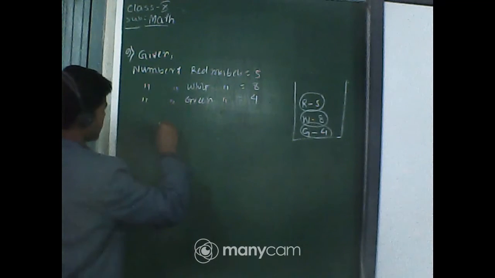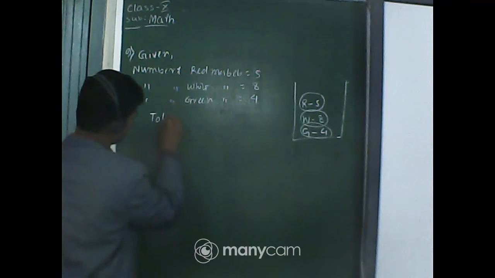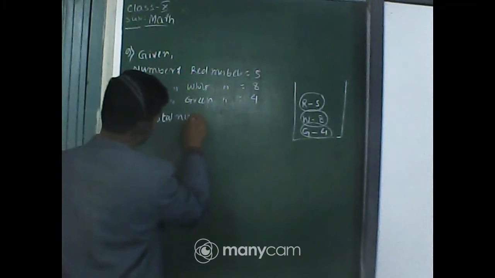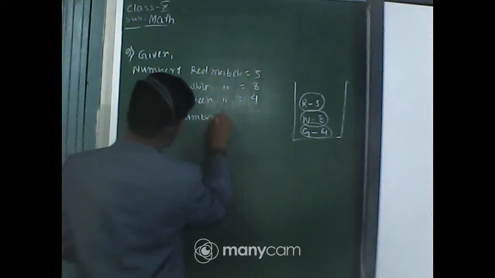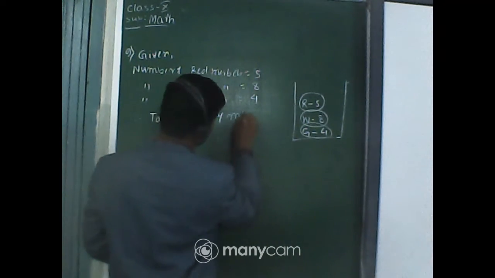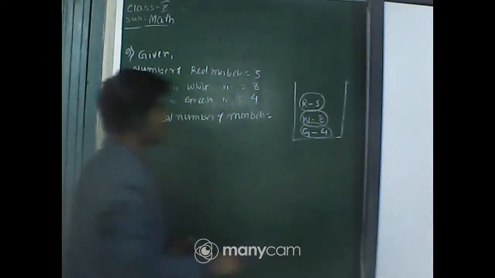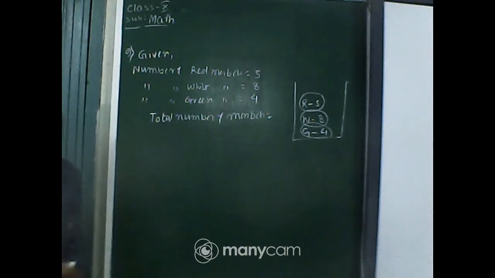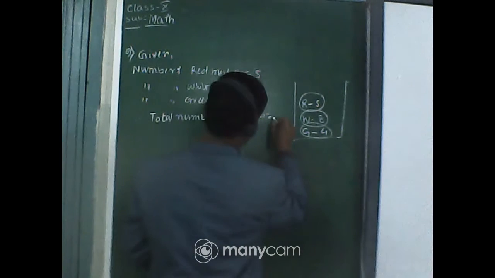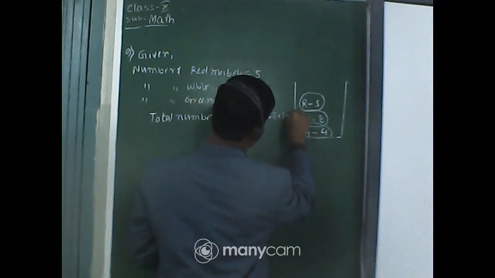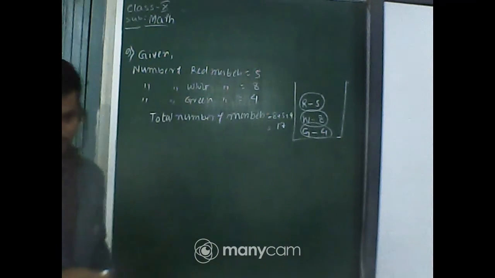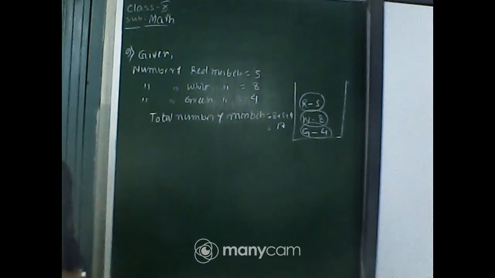So first find the total number of marbles. It is 8 plus 5 plus 4, that is equal to 17. Total number of marbles is equal to 17.